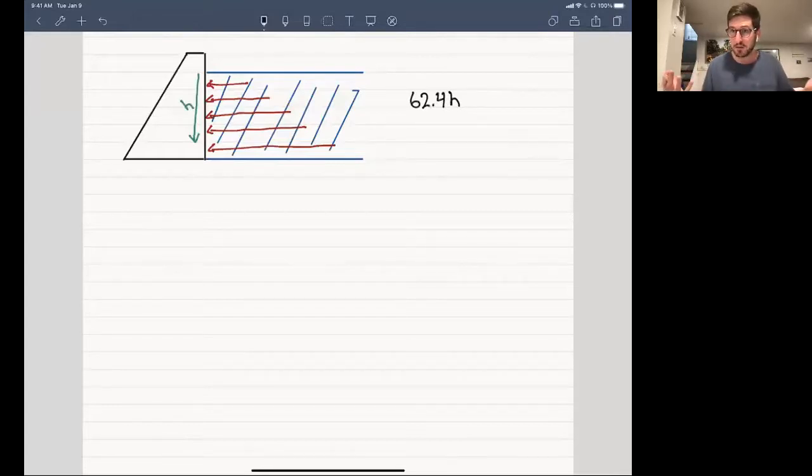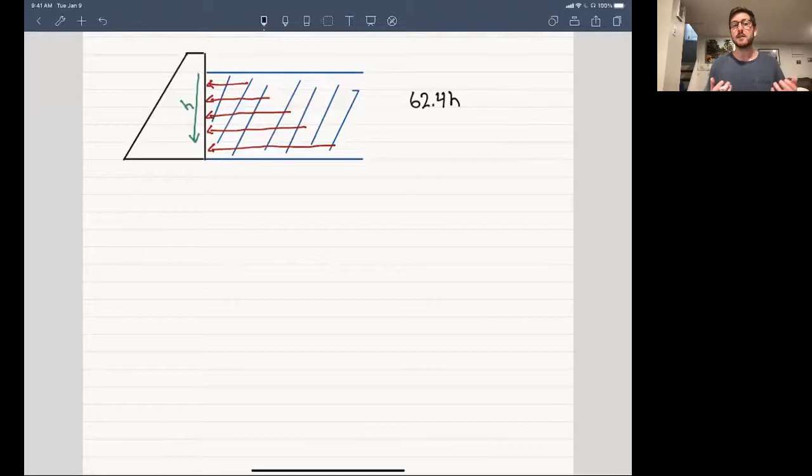This doesn't take into effect maybe how long the dam is or the volume, which would naturally give us the sort of volume of water that's holding. The only thing that matters here is the depth, and it comes up linearly. So we just multiply it by this sort of seemingly random number, 62.4.